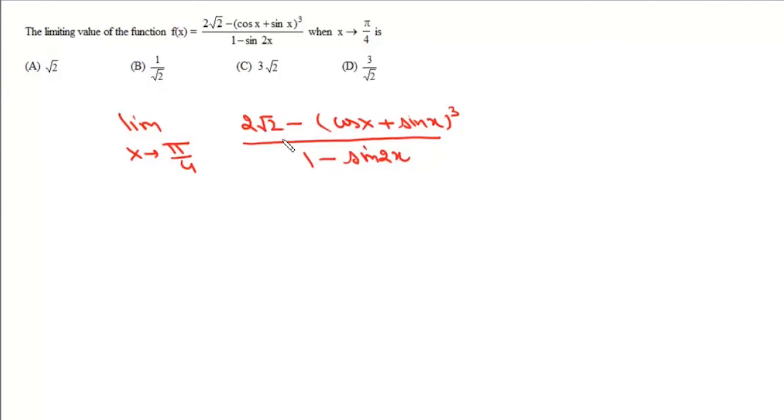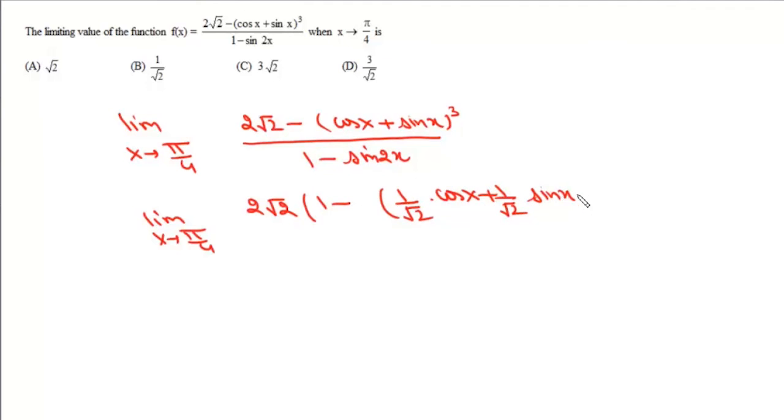Now what we'll do is, we'll take this 2 root 2 common, then we can write limit x tends to pi by 4, 2 root 2 times (1 minus (1 by root 2 cos x plus 1 by root 2 sin x) whole cube) upon 1 minus sin 2x.